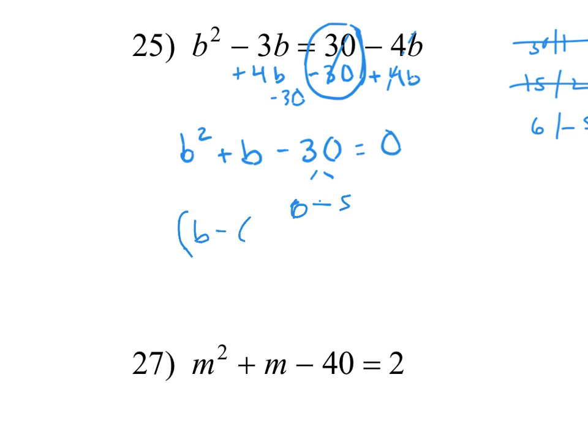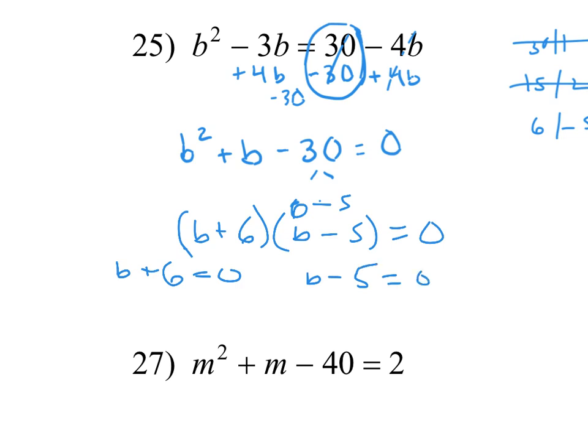B plus 6, because 6 is positive, times B minus 5 is equal to 0. What do we do from here? Separate them. So b plus 6 is equal to 0, and b minus 5 is equal to 0. Now we solve.